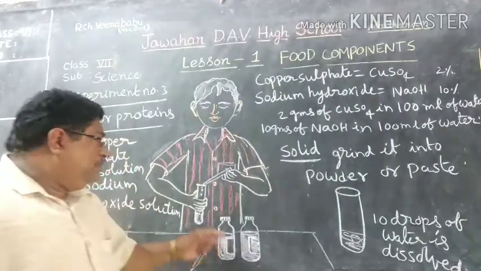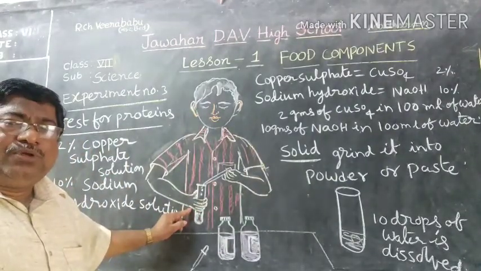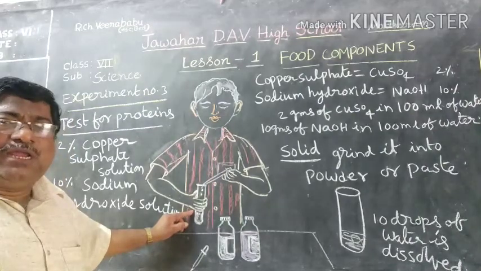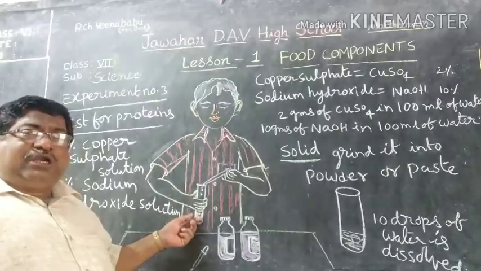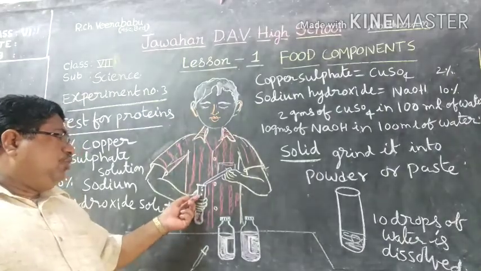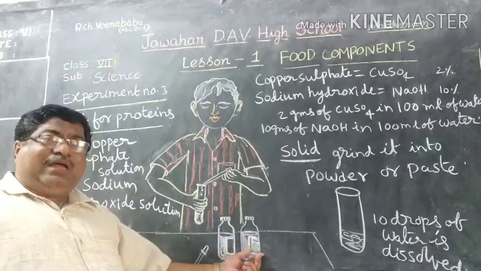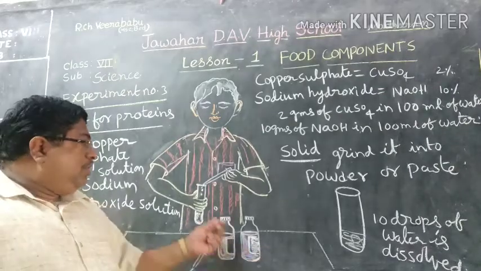Now what we have to do, in this test tube, we have to add 2 drops of copper sulfate solution and 10 drops of sodium hydroxide solution in this test tube. So this is the copper sulfate solution and this is the sodium hydroxide solution.